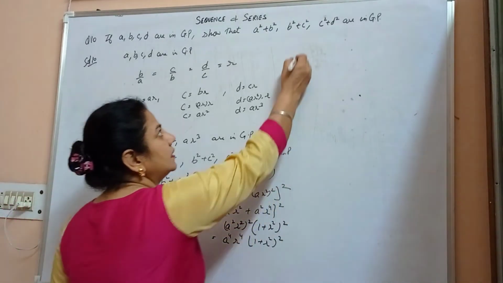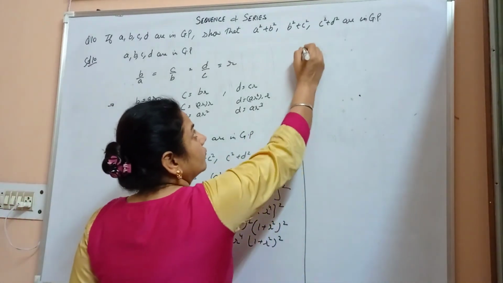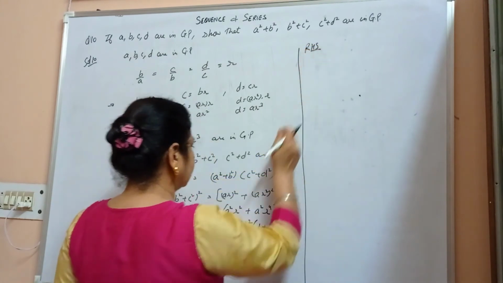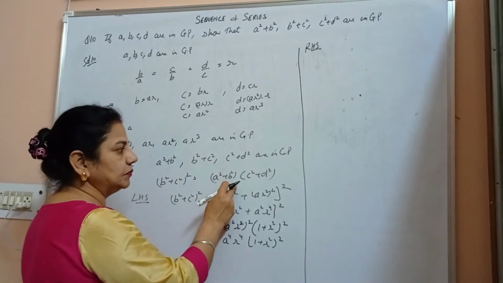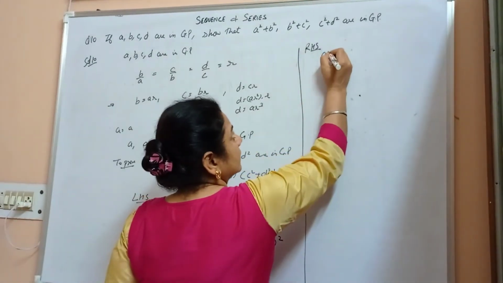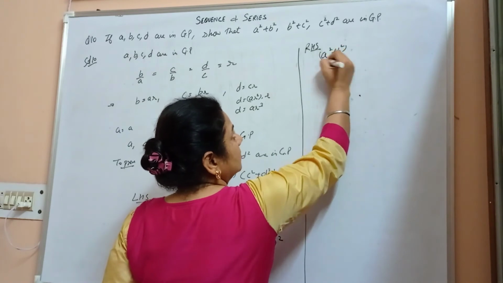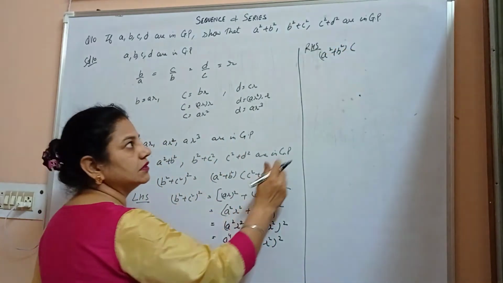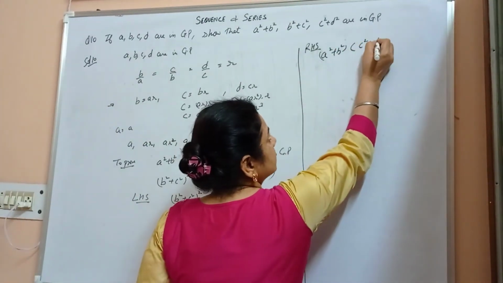For right hand side, I will take A square plus B square multiplied by C square plus D square.